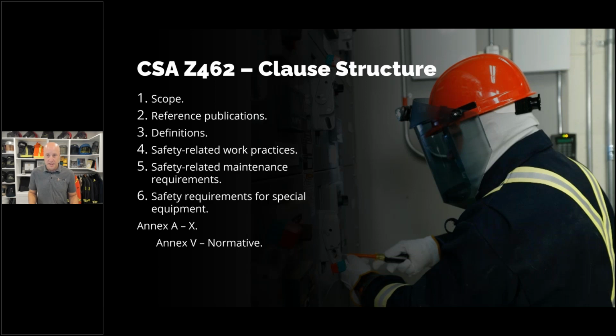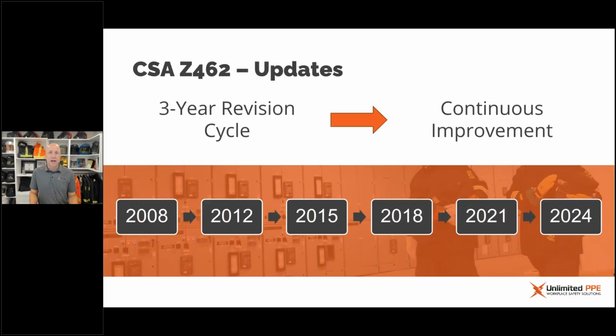So there are a lot of learnings that can come from just reviewing the informational annexes in the standards themselves. And in 2021, we introduced a new normative annex. Not all annexes are considered informational; we have one that's normative, and that's Annex V, and I'll cover that in an upcoming slide.